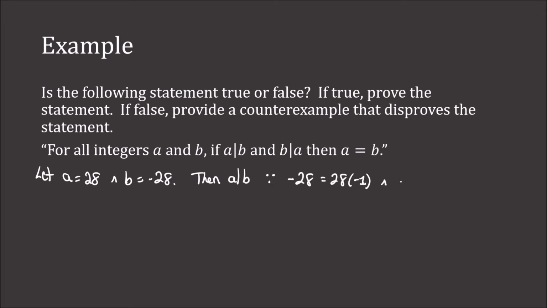And we also have b divides a, because 28 is equal to negative 28 also times negative 1. However, b does not equal a. So therefore, the statement is false.